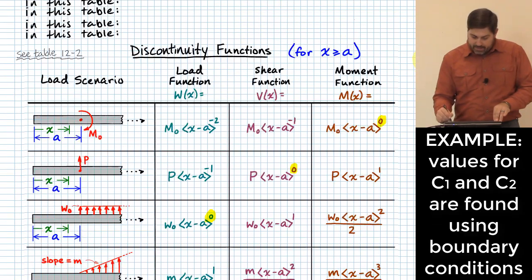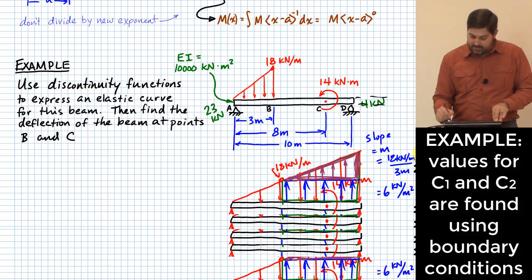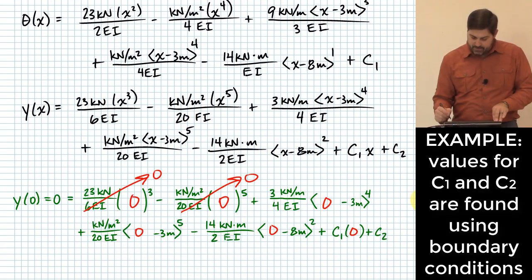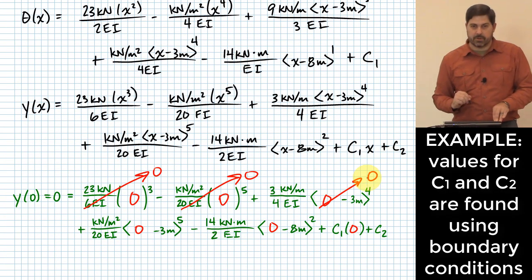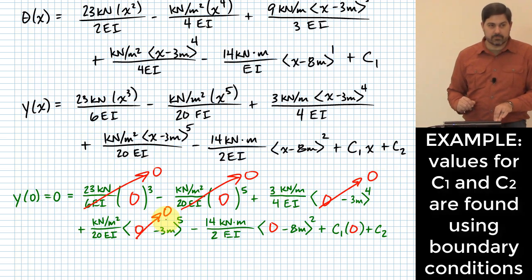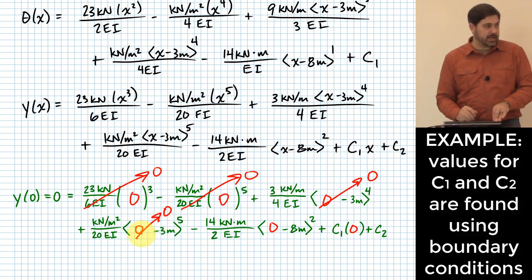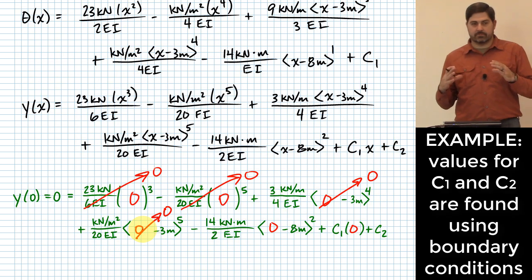Anytime x is less than a, what is it actually defined as? 0. So that tells me because of that definition of the Macaulay function, this is also 0. And that means this is 0 as well. That's because the x value I'm evaluating is less than the a value that's in the brackets.